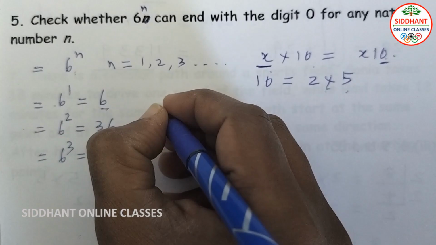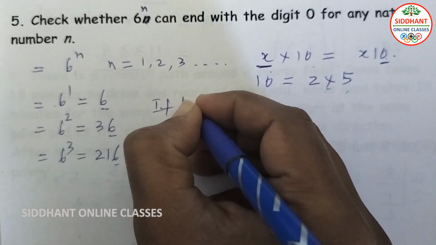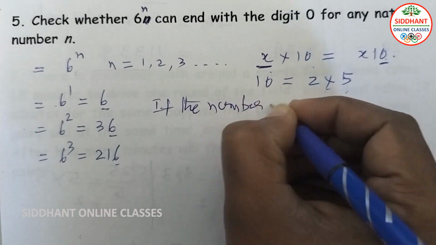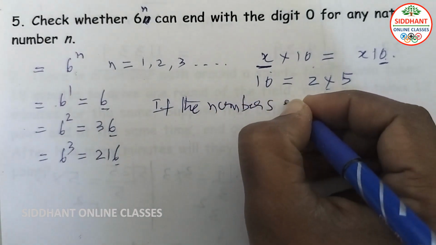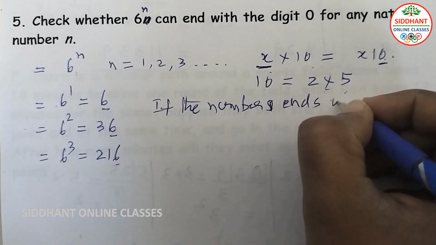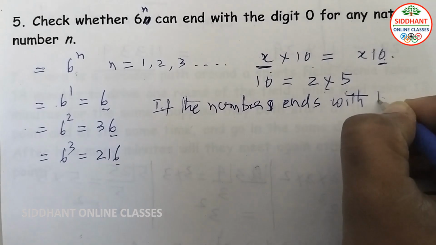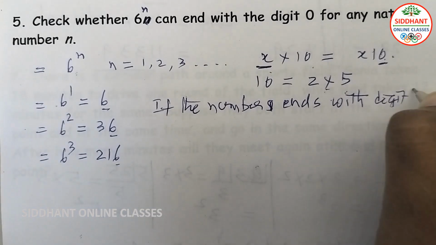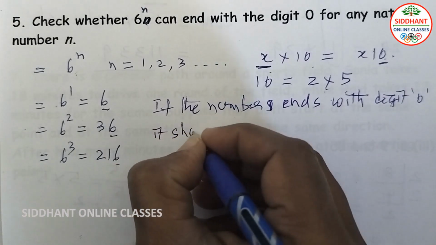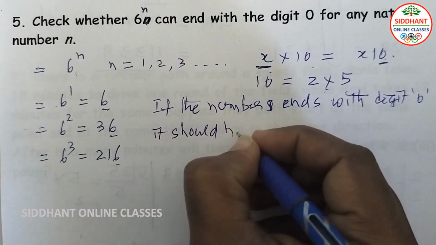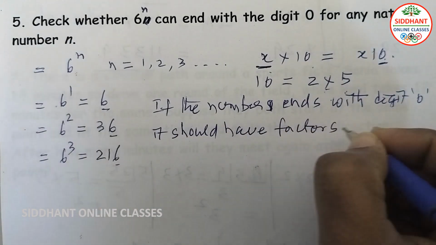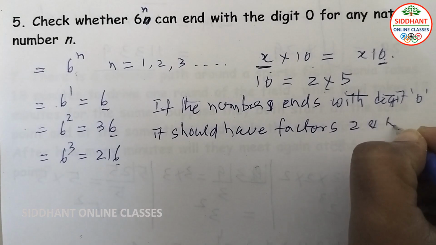So here we can write: if a number ends with digit 0, it should have factors 2 and 5.